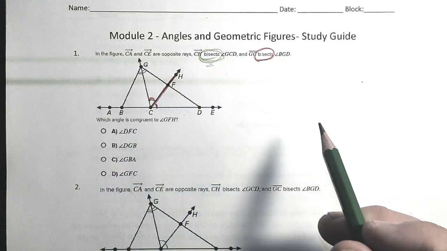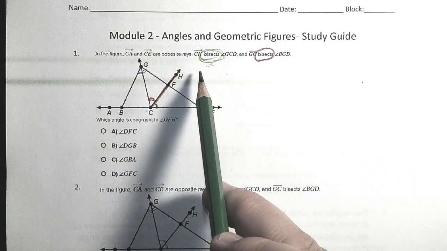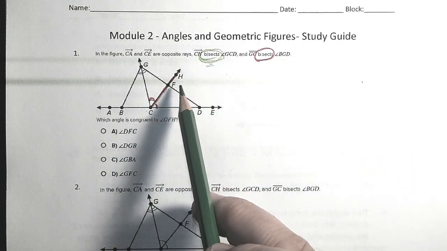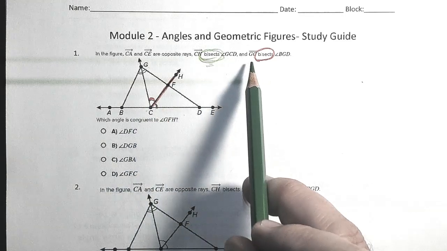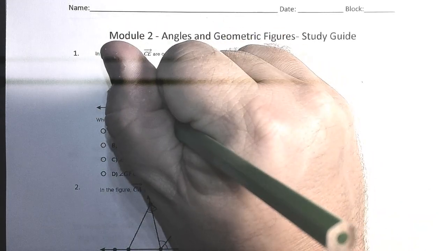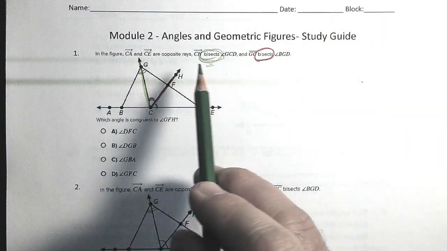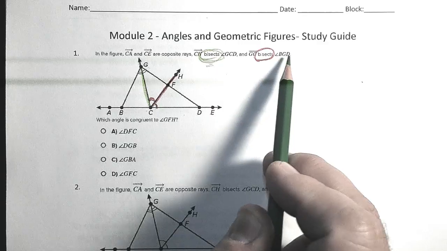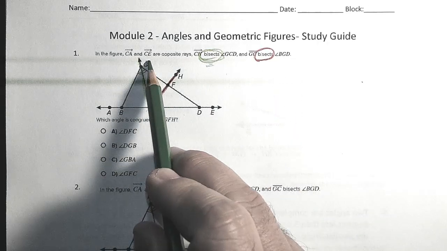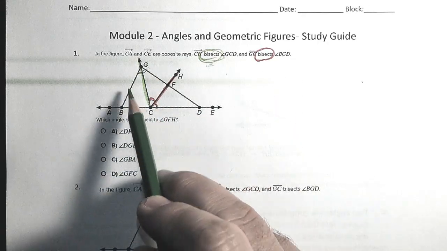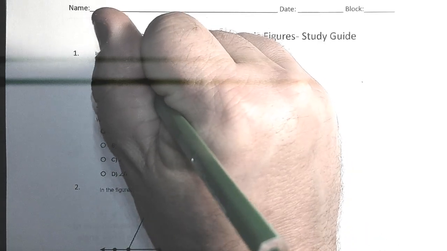I flipped the actual colors, but CH bisects this angle, and GC bisects BGD. So BGD, the big angle. Let's just do this. We'll make these 2.